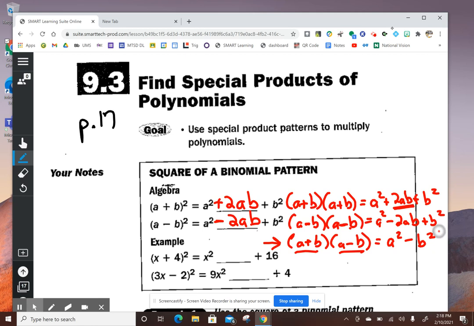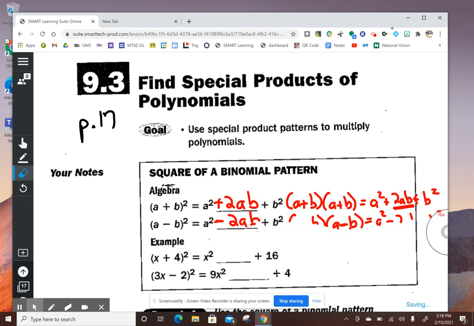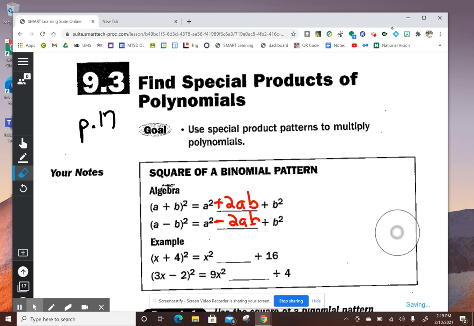So the two middle terms drop out, and you end up with this as the product. And you're going to learn this is called the difference of squares. But we'll get to the difference of squares in a little bit, and that happens when the sign connecting your binomials is opposite. One is plus, one is minus. Okay, so we can erase that now.